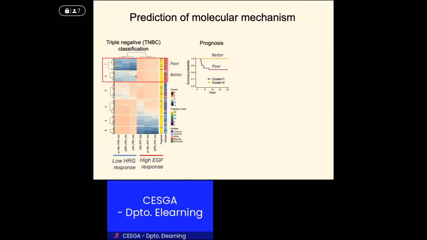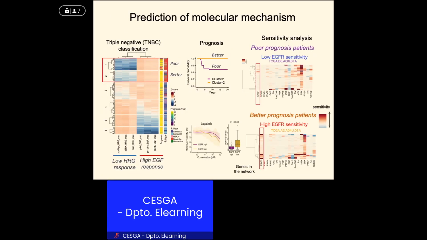So in this case, we found that even in a TNBC patient, there is a lower responder group to the heregulin, which shows a more poor prognosis.